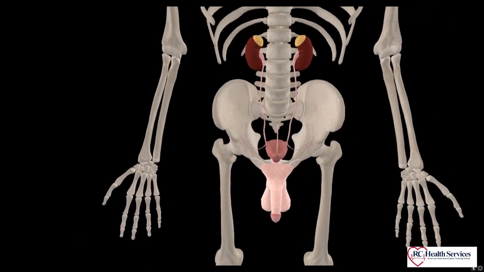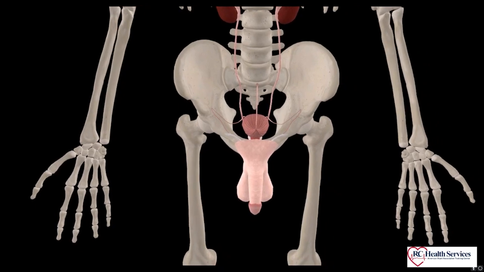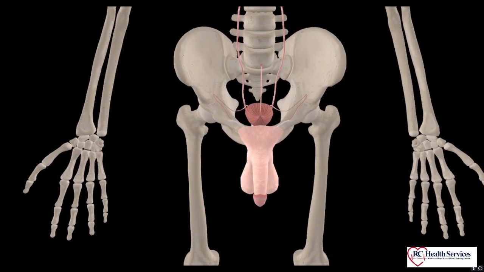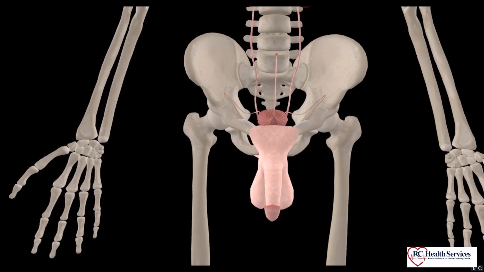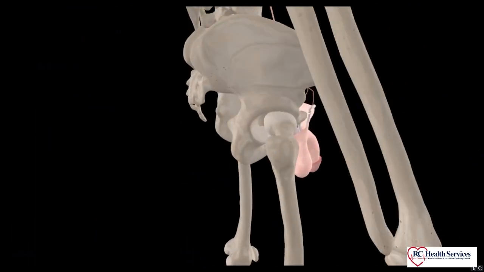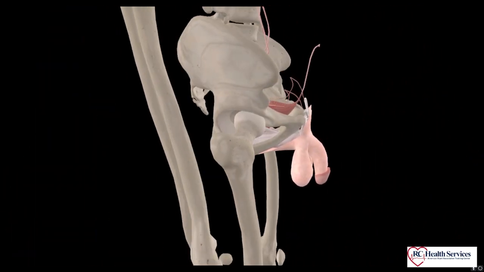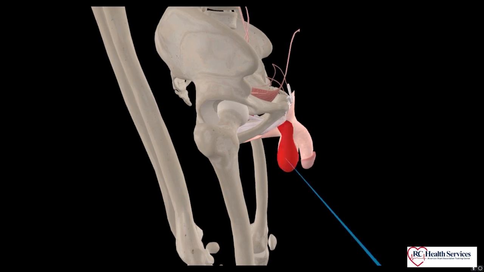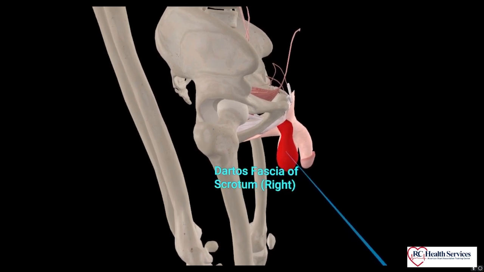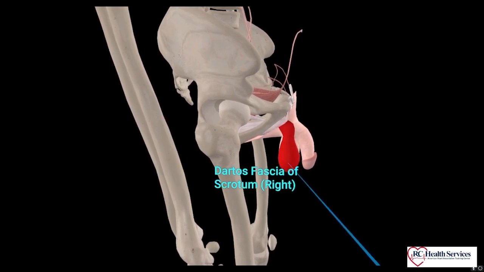For the male reproductive system, obviously, there's a little bit of a different anatomy. We have the scrotum, which is going to house the testes. This is where sperm is created and stored.